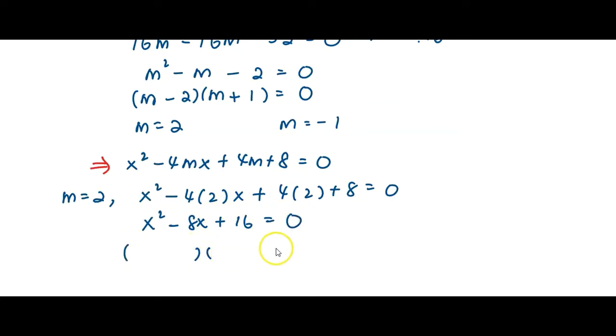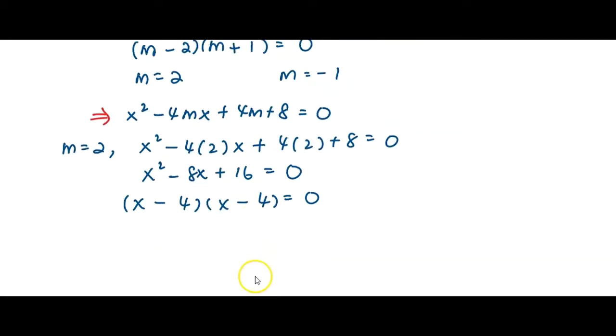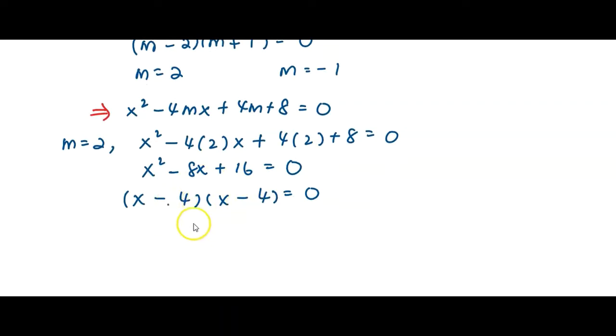Then to solve this equation, again try to factorize it. I have 8, 4, 2. So in order to get 4 and 4, yeah, 4 and 4. Okay, 4 multiplied by 4 is 16, and to get negative 8, the signs have to be negative and negative here.